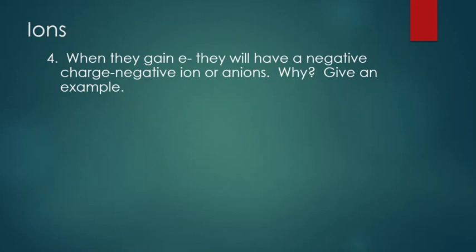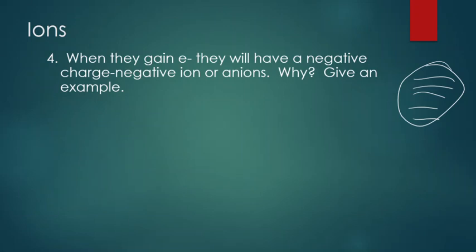And an anion reminds me of an onion. Right? And remember, an onion has the little lines, the little layers. The little lines kind of remind me of electrons. And an onion reminds me of the word anion. So an anion is something that has gained electrons.